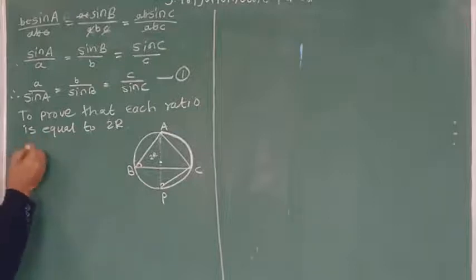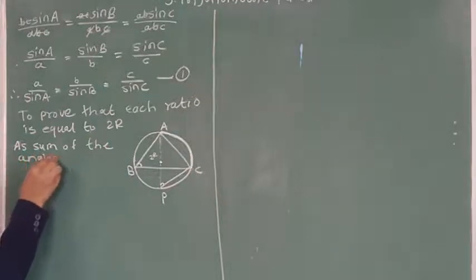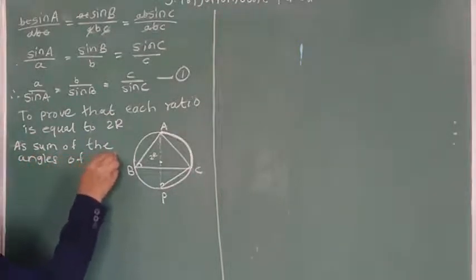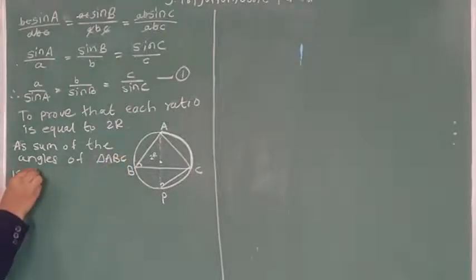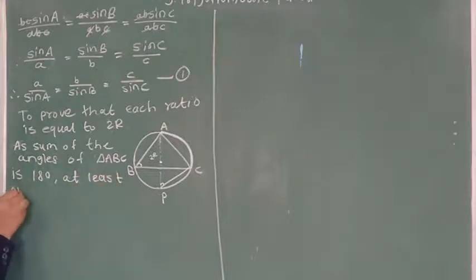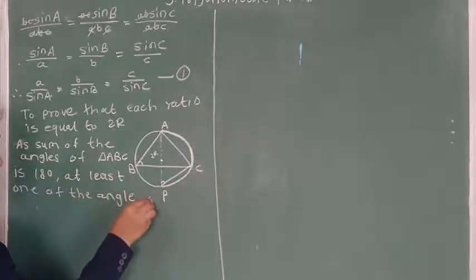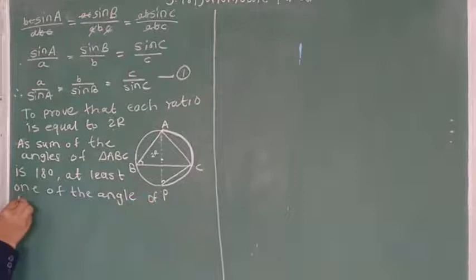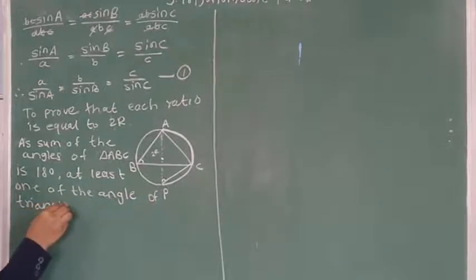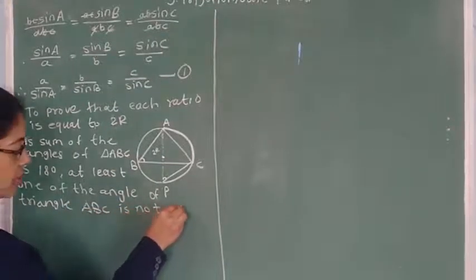To prove that each ratio is equal to 2R, as the sum of the angles of triangle ABC is 180 degrees, at least one of the angles of triangle ABC is not a right angle.